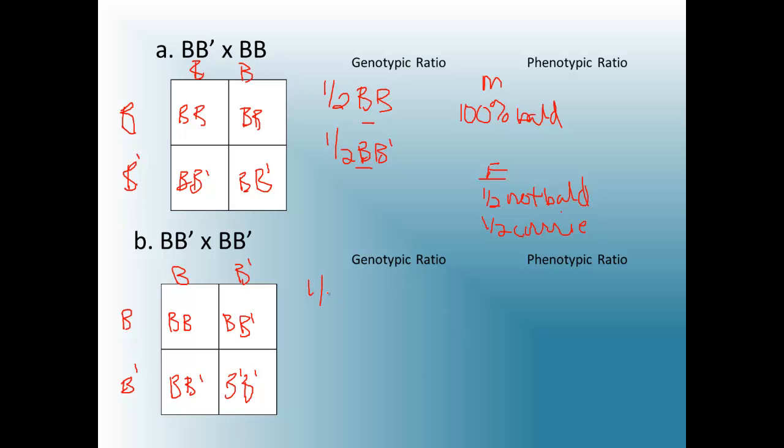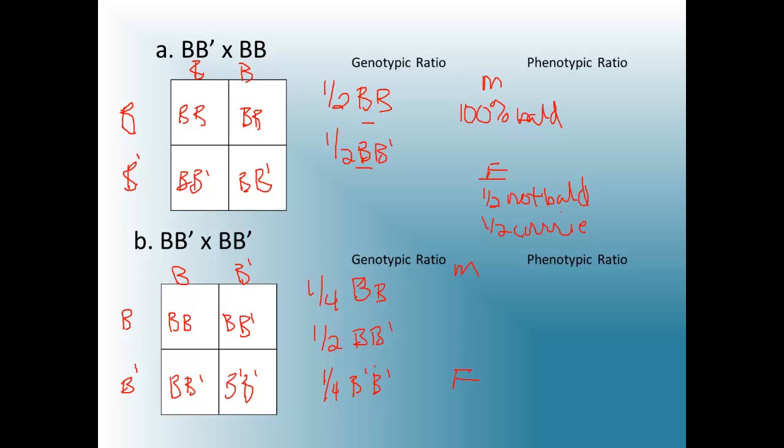So we've got 1/4 big B, 1/2 big B prime, 1/4 big B prime. Again in my phenotypic ratio, male, female.